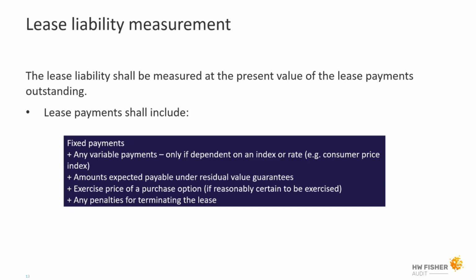So, for example, if the lease said we are going to increase the lease amount every year by CPI, then you would include an estimate of that variable rate in your assumptions when working through that discounted net present value.